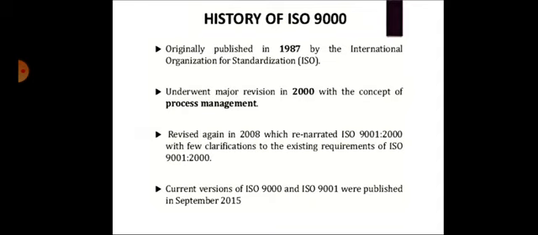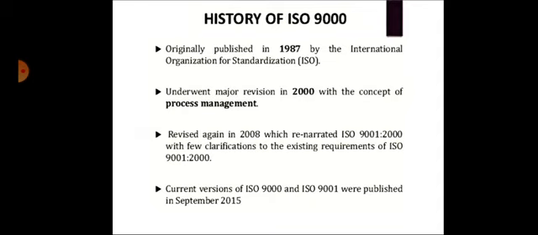History of ISO 9000. Originally published in 1987 by the International Organization for Standardization, a revised version was also declared in 1994 and underwent major revision in 2000 with the concept of process management.